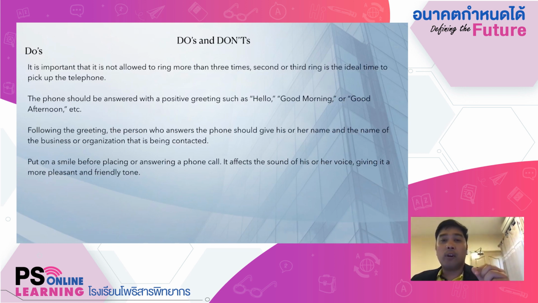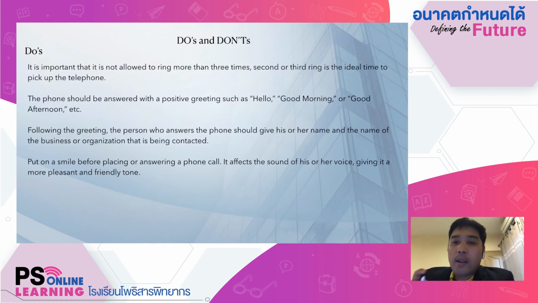This is from friends to friends, peers to peers, or a person to a family. Okay, so this is not a business practice. The way you pick up a phone, you need to answer hello, or good morning, or good afternoon. Okay, remember hello, good morning, good afternoon.